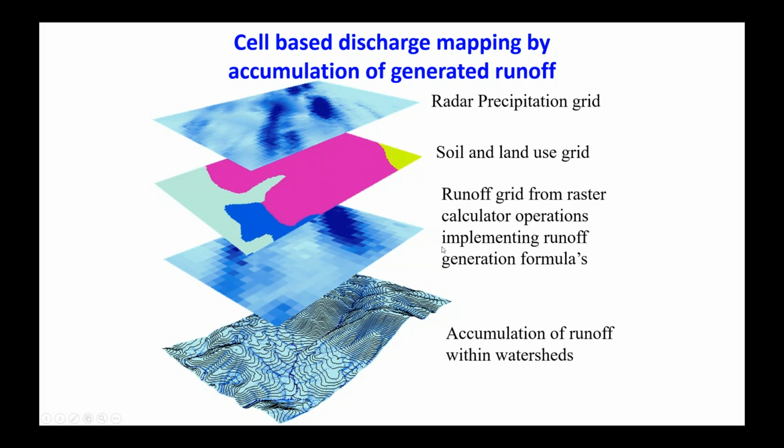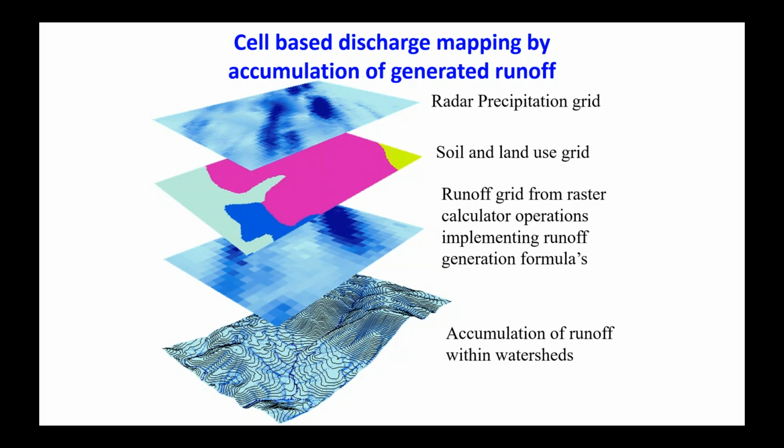There may be a cell-by-cell based calculation from raster calculator operations that implement whatever runoff generation formulas you want. Then you end up with the grid runoff values. Then after that, you may combine that with topography to accumulate the runoff within watersheds.